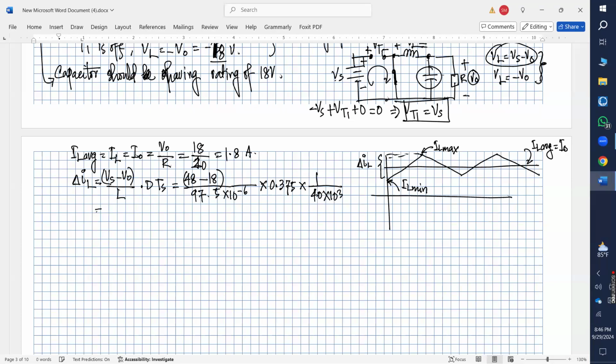So what should be my del IL? Sir, 2.88 ampere. 2.88 amps, right?